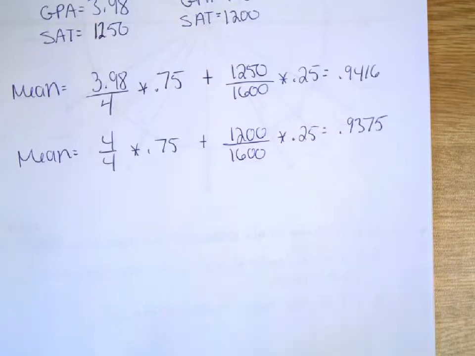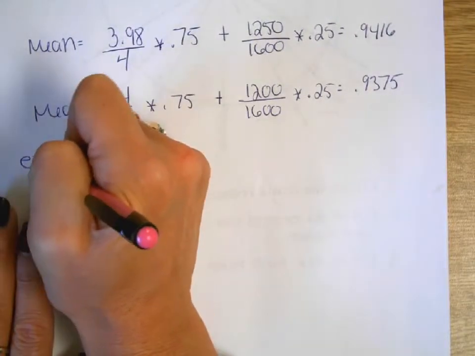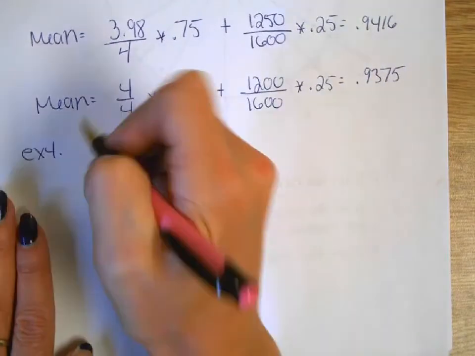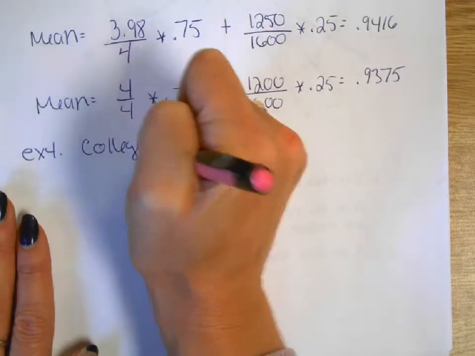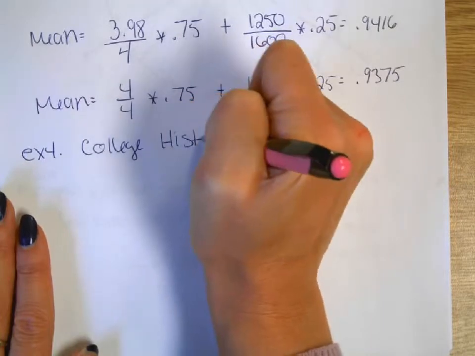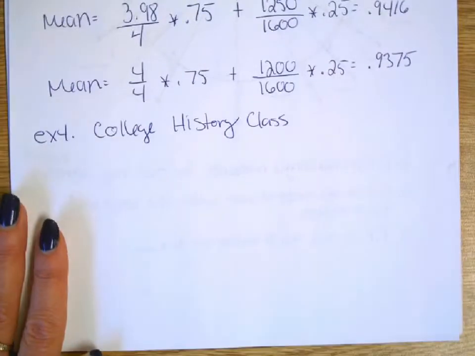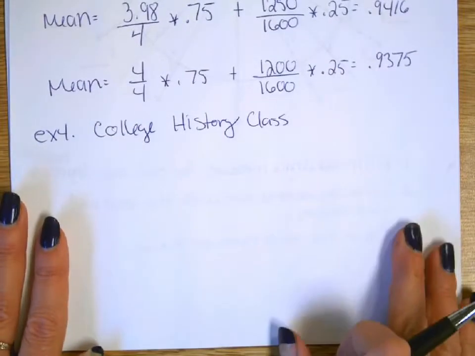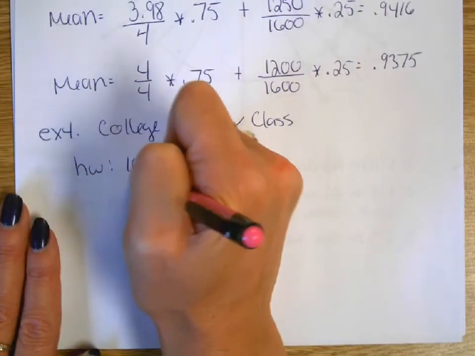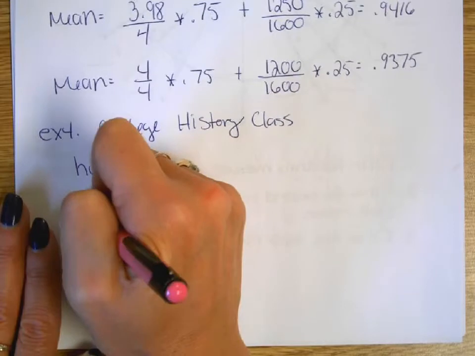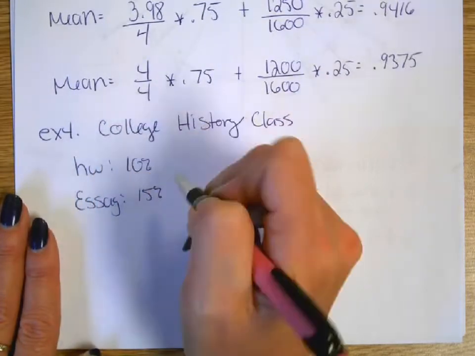Okay, let's try one more weighted average. Let's see, example 4. Let's say you take a college history class next year. Here's the way this professor is going to do their grades. Homework is going to count 10% of your overall grade. There's an essay, that's going to be 15%.